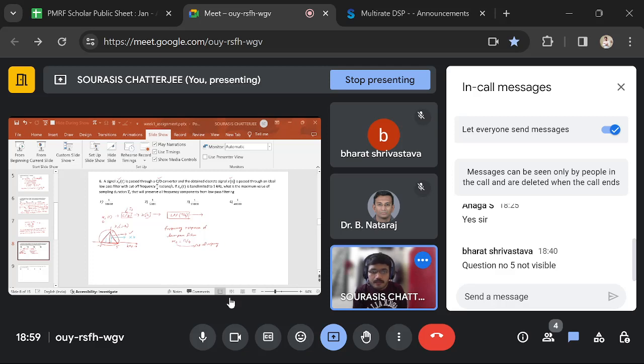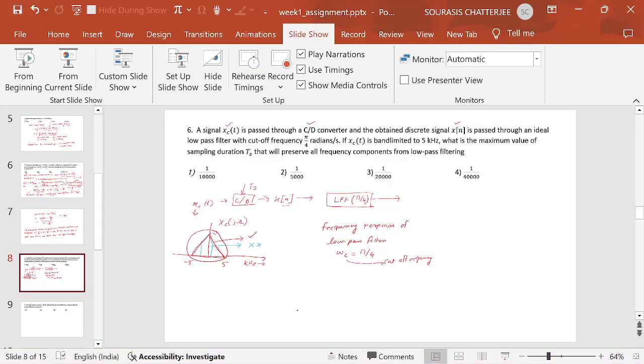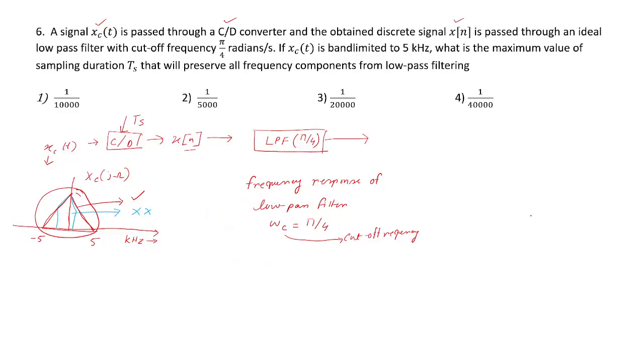So in the discrete domain, when you say that your low pass filter has a cutoff frequency pi by 4, it is represented as something like that.